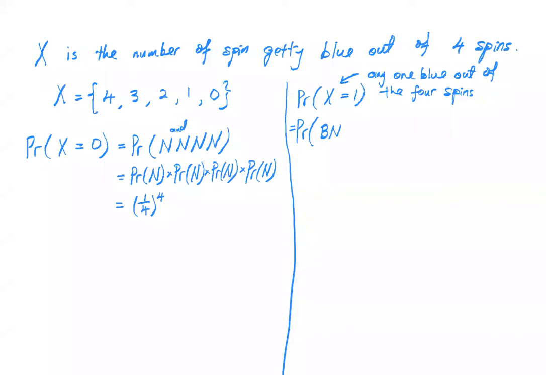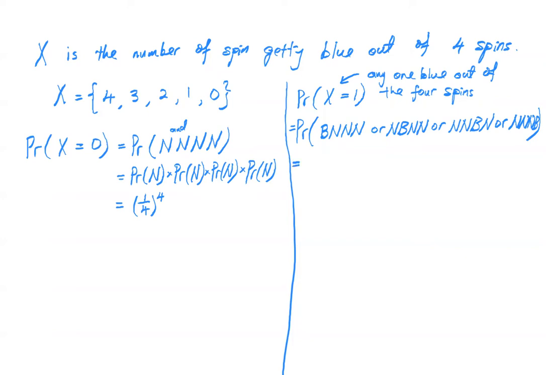First one not blue, second one blue, third one no, fourth one no. First one no, second one no, third one yes, blue, fourth one no. No, no, no, blue. Okay, I know it looks very childish, but to help you understand, I have no choice. I can do without it, you can't.